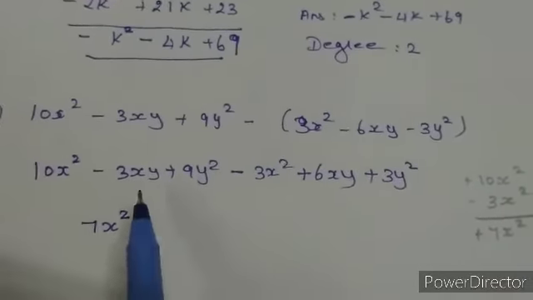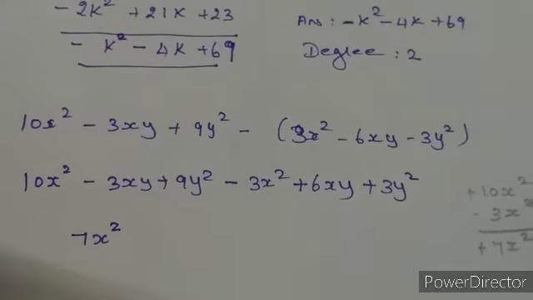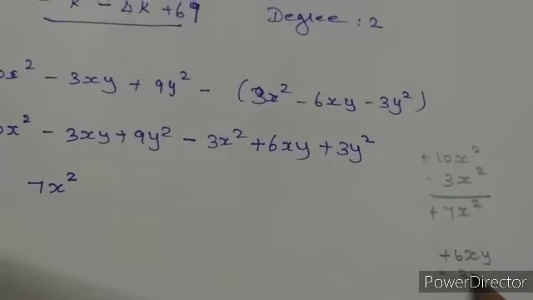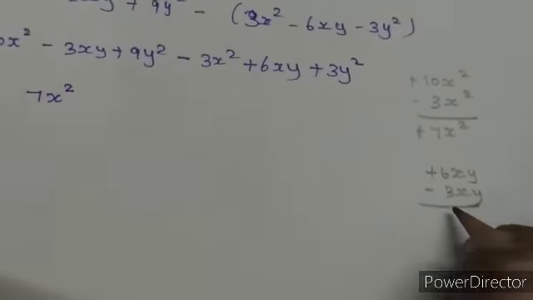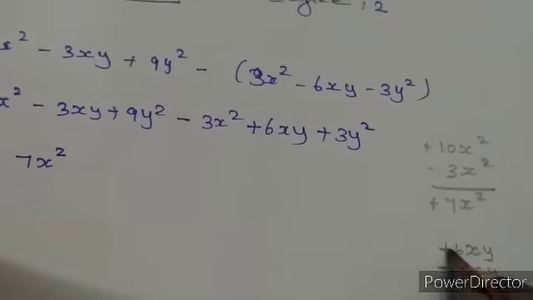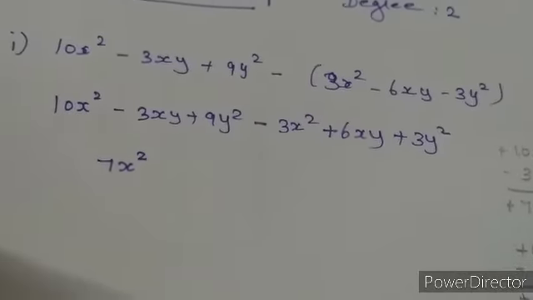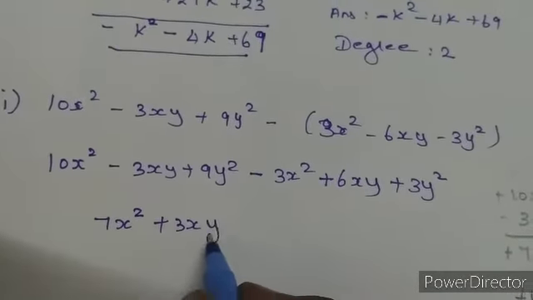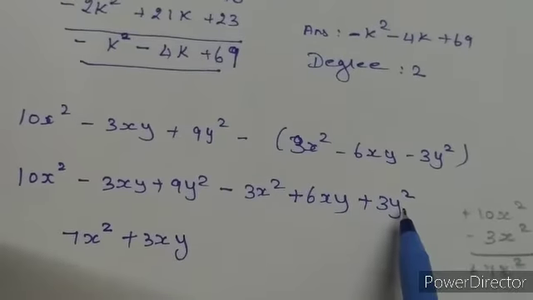Like that we can go with your next variable, plus 6xy minus 3xy. Plus into minus, 6 minus 3, 3xy. Which number is greater? Plus. So now plus 3xy, and next we can go with y square.